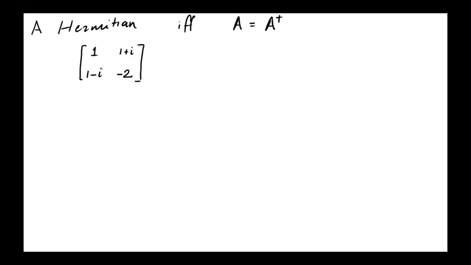So if A is Hermitian and real, then it's also a symmetric matrix.